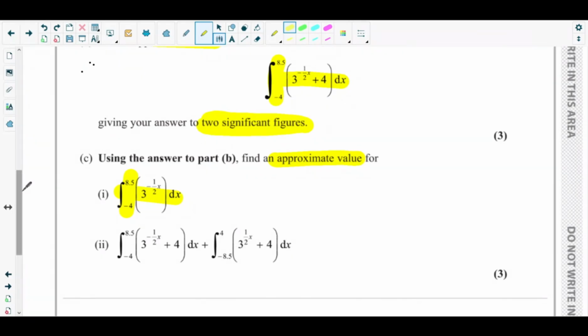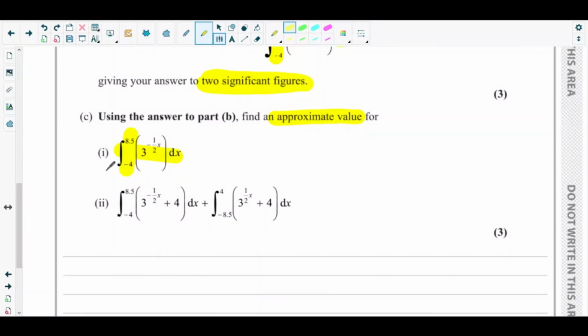You need a bit of concept from transformations here. In the first term the power is negative half x, but here it is half of x, and at the same time the limits have been reversed. That means it has been balanced out.